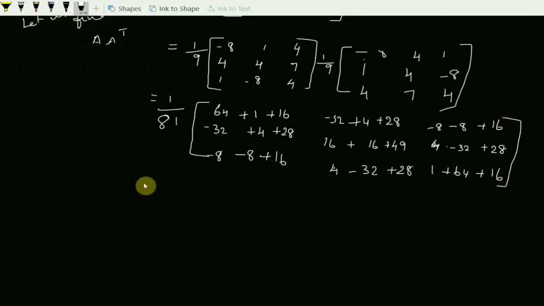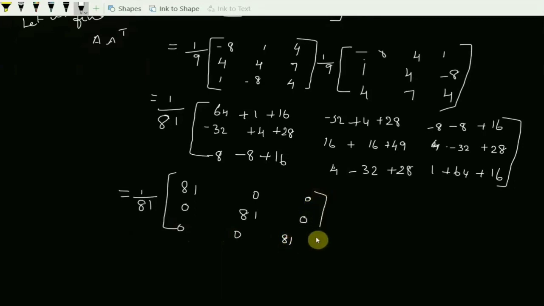So it is equal to 1 by 81, 64 plus 16 plus 1, that is 81, minus 32 plus 28 plus 4, that is 0, minus 8 plus 16 minus 8, 0, and so on: 16 plus 16 plus 49 is 81, and the other entries are again 0, and the last is 81.